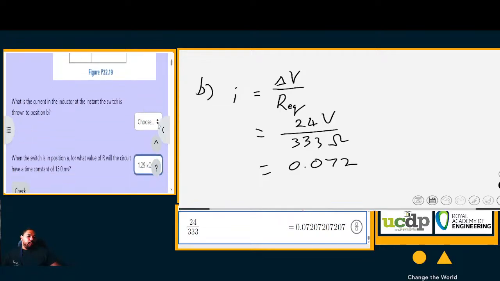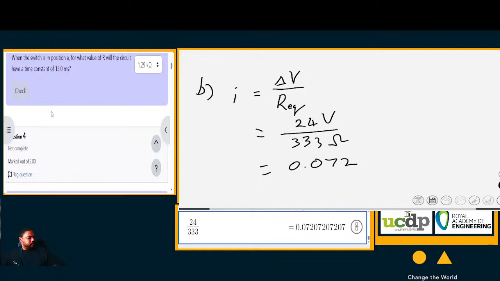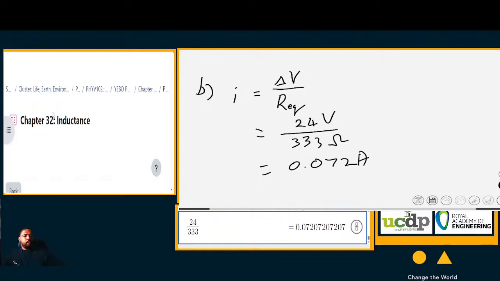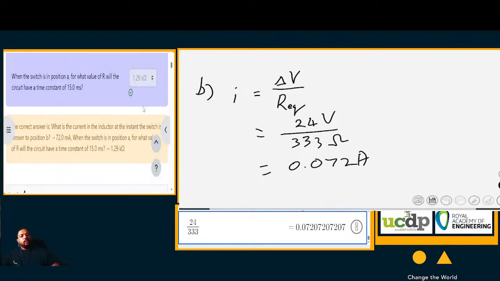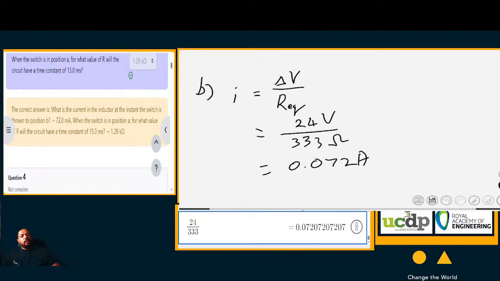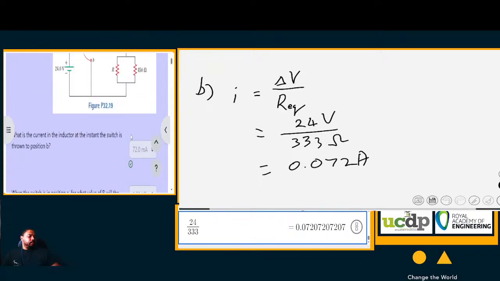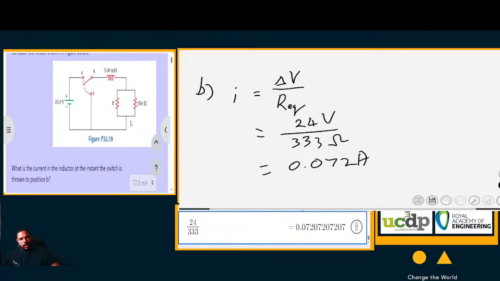So if it's at point B, it is 72 milliamps. And let's check that. It's amps. Correct answer is 72 milliamps and 1.2 kilo ohm. Okay, just remember there I rounded.